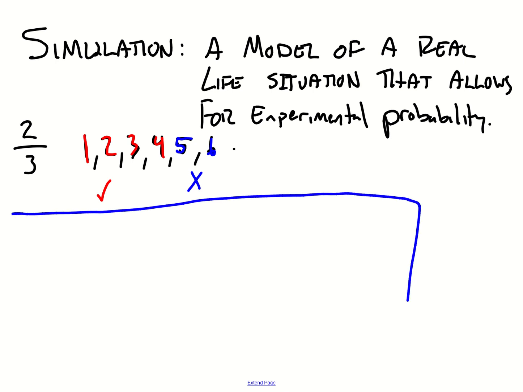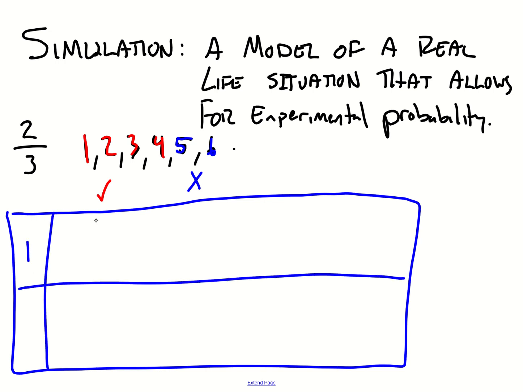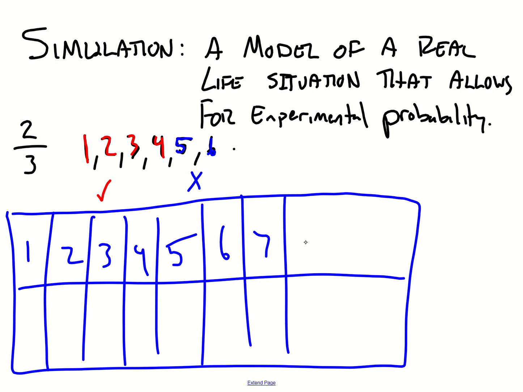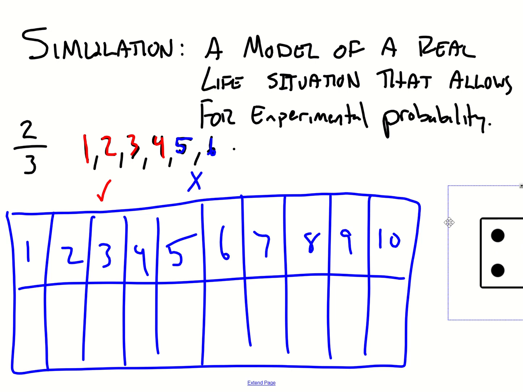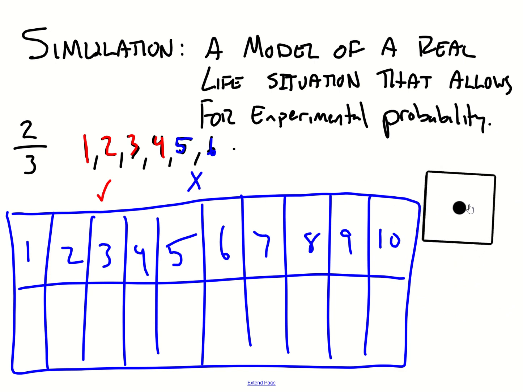Now, if I made a table to track all of this data, I would say shot 1, 2, 3, 4, 5, 6, 7, 8, 9, and 10. Now to take this dice over here. And I would say, all right, let's roll this dice. 1, 2, 3, 4, he makes it. 5 and 6, he doesn't.